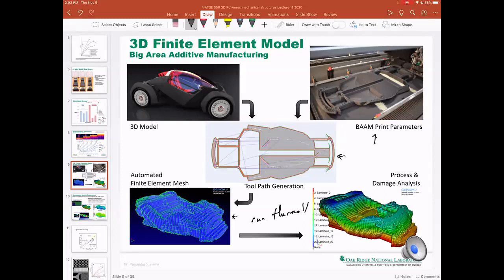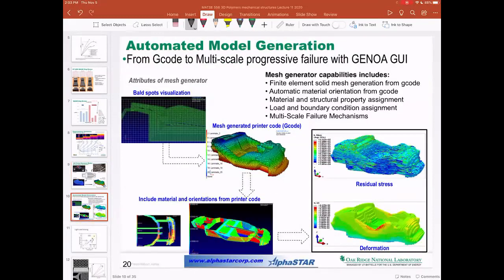And it's really a thermal mechanical model. And you can figure out where the stresses are in the car. So this is really cool, because this gives you now a way to evaluate the residual stress. It gives you a way to evaluate deformation.